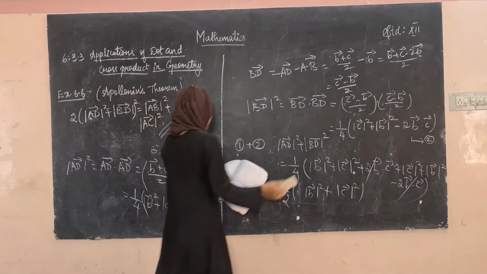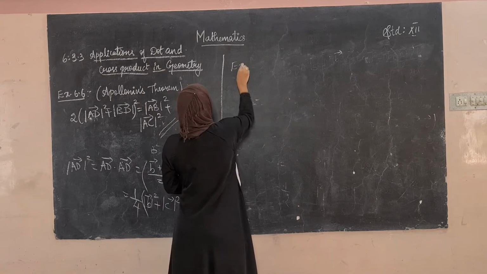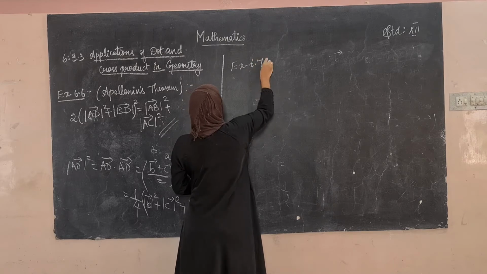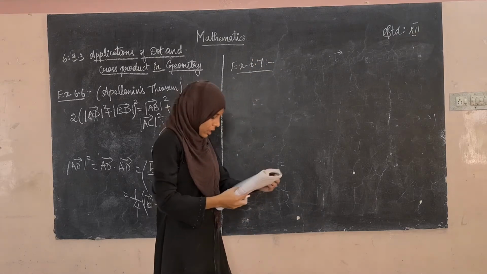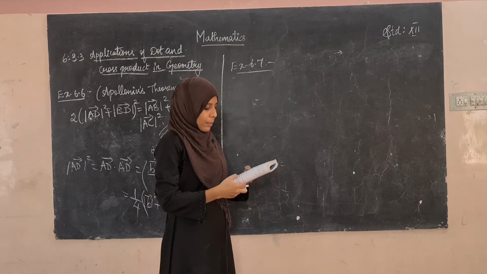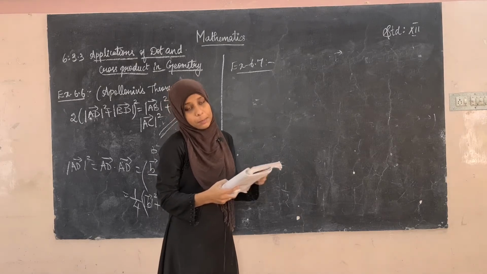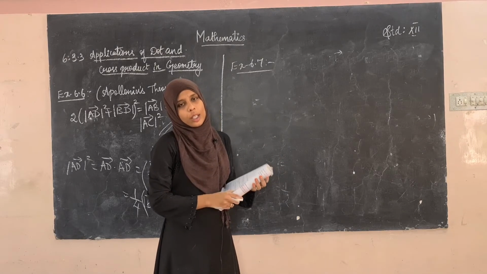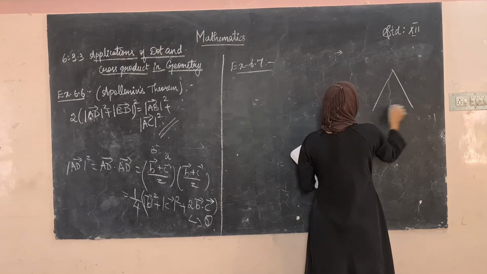Okay, now let us see example 6.7. So what's the question? Prove by vector method that the perpendiculars from the vertices to the opposite sides of a triangle are concurrent. That is, perpendicular means altitudes. If this is a triangle, what is an altitude?